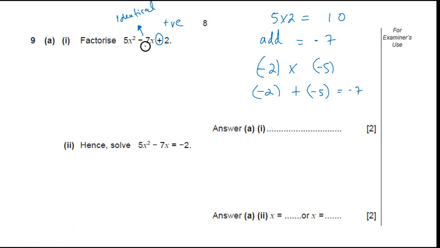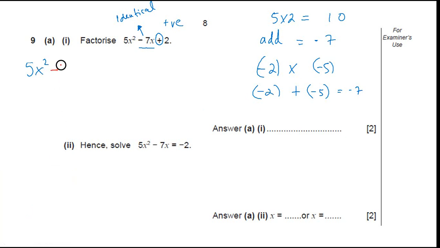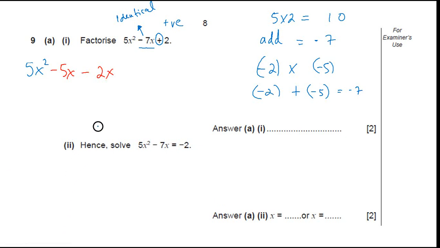So in a nutshell, we are trying to split that middle term. So I'm going to say 5x squared minus 5x minus 2x plus 2. Now we have got 4 terms and now we can factorize them. So between these two, 5x is common. We put it outside the bracket, x minus 1.